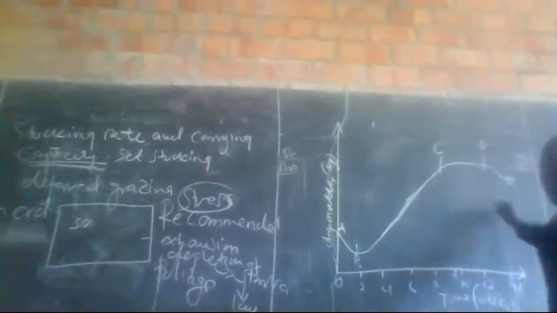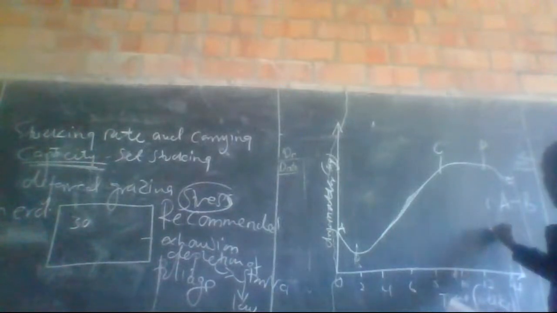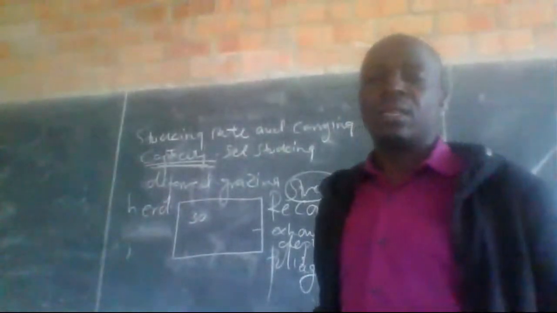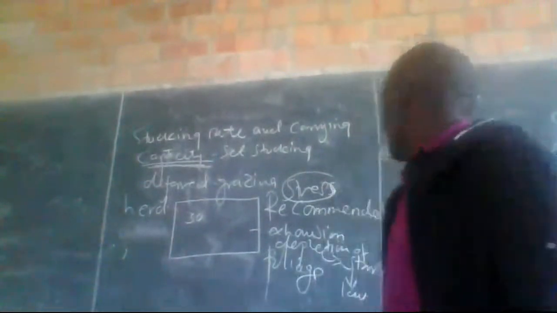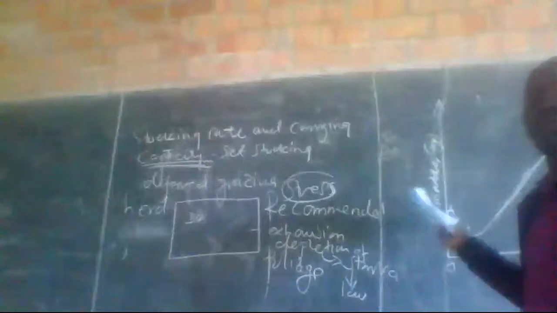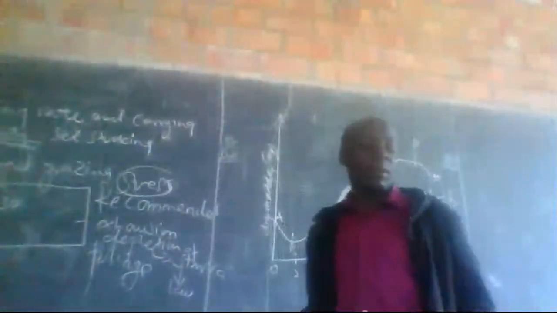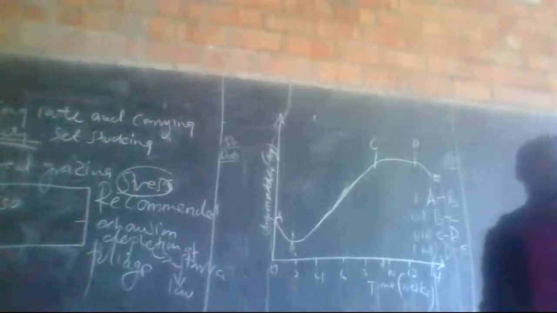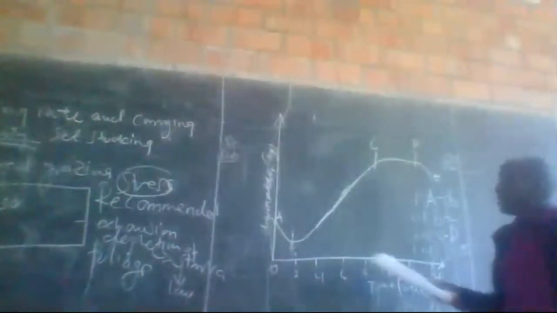So Roman numeral 1 is A to B. Numeral 2, Roman numeral 4, which is the what? E. A and B.